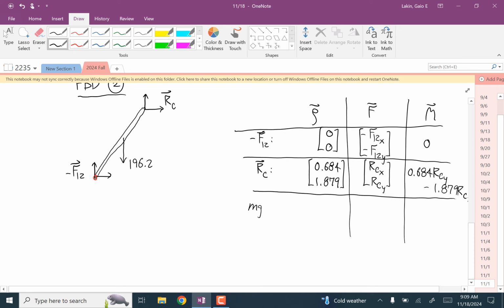And then the weight force, that is at 0.342, 0.940. The force is 0, negative 196.2. And so the moment is negative 67.10.